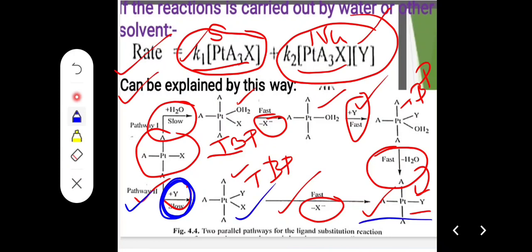But in pathway 1, there are two consecutive substitutions. In the first, water replaces X, and in the second, Y replaces water. So in pathway 1, the TBP intermediate is produced two times.